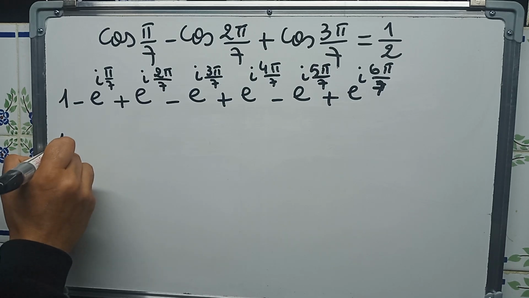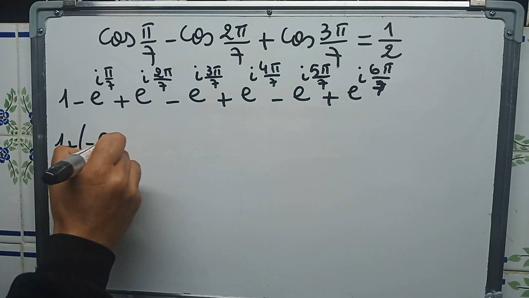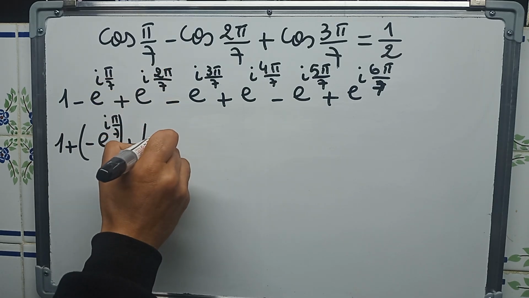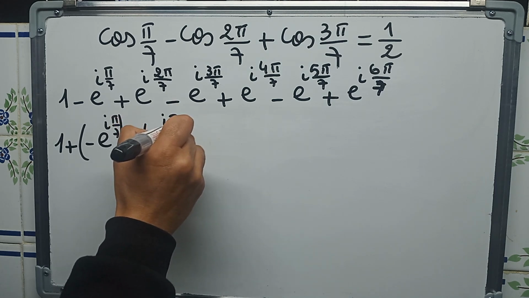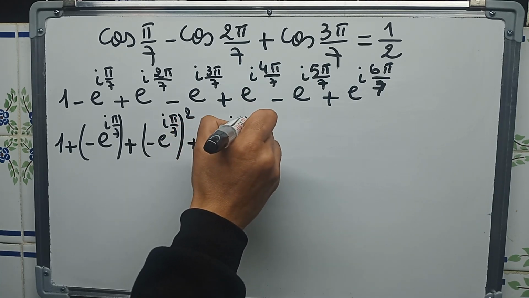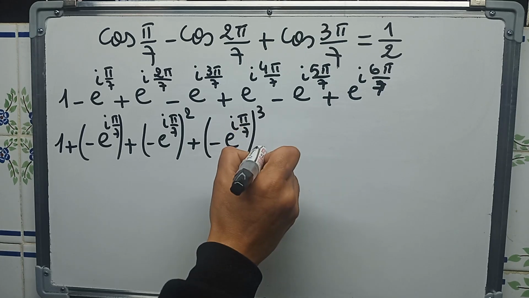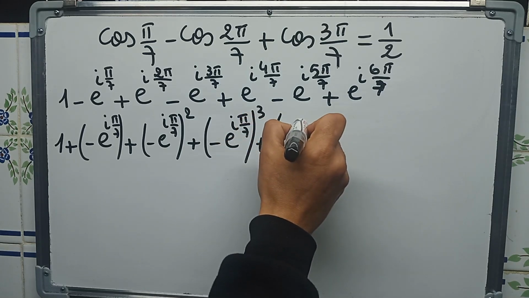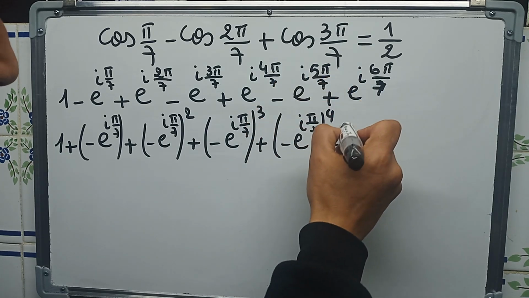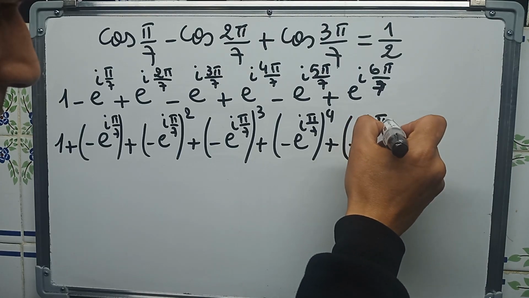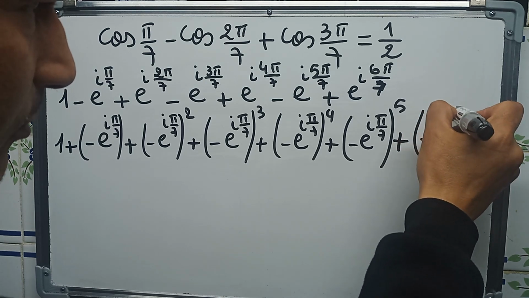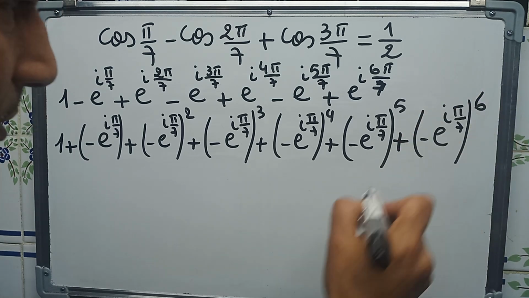So here it's 1 plus (minus e^(i pi over 7)) plus (minus e^(i pi over 7)) squared plus (minus e^(i pi over 7)) cubed plus (minus e^(i pi over 7)) to the 4th power plus (minus e^(i pi over 7)) to the 5th power plus (minus e^(i pi over 7)) to the 6th power.